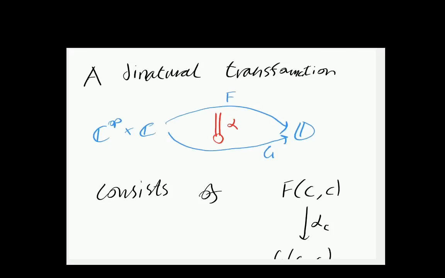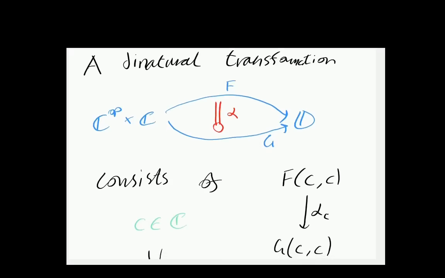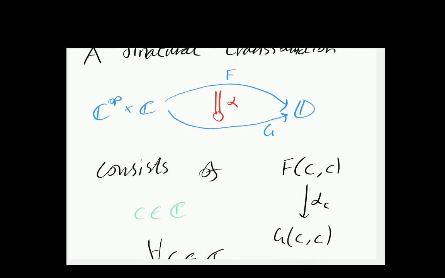This is all very analogous to the idea of ordinary natural transformations. But what's happening here is that for every object C in our category scripty C, we're just going to have an arrow alpha C. But this is going from F of C comma C to G of C comma C. So it's kind of defined on the diagonals, if you like.